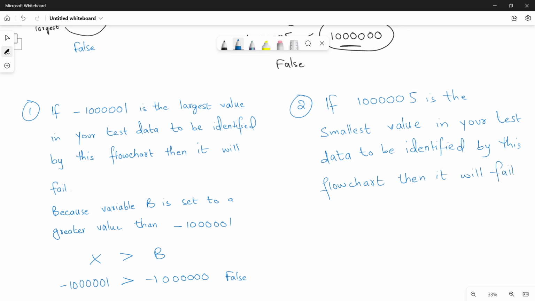to detect the smallest value, because the reason is the same: variable c, which is used to identify the smallest value, is set to, in this case the smallest value, not the largest value, 10000000.